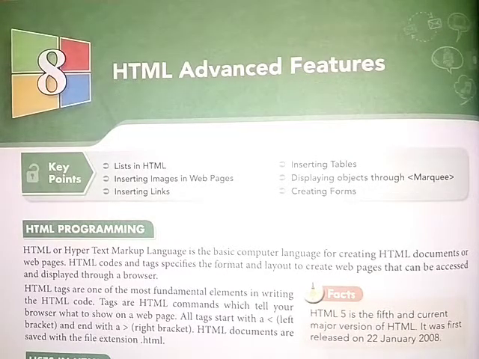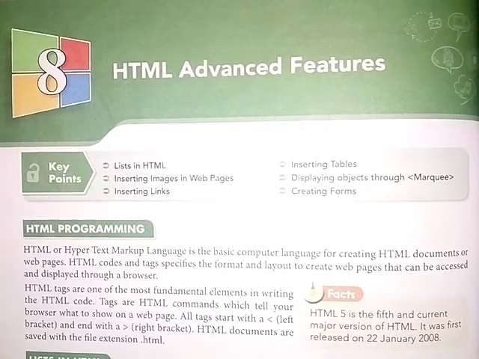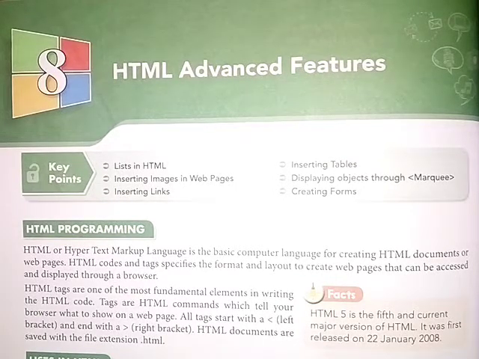HTML tags are one of the most fundamental elements in writing the HTML code. Tags are HTML commands which tell your browser what to show on a web page. All tags start with a left bracket and end with a right bracket.